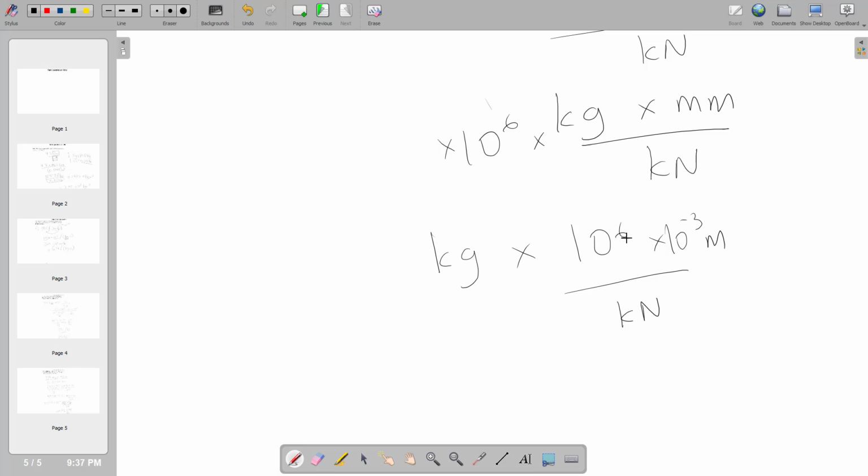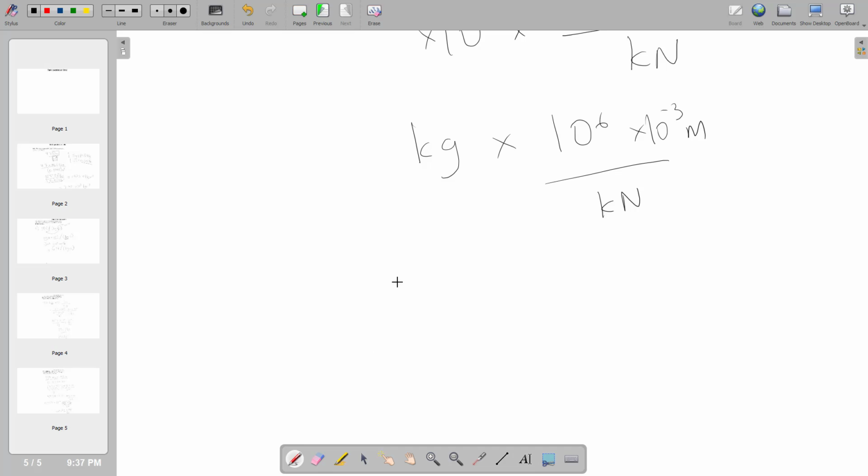And 10 to the 6 multiplying 10 to the negative 3, we have 10 to the 3 because 6 minus 3 is 3. So we actually can rewrite this as our kilogram still there, 10 to the power 3 meters dividing kilonewton. And now remember, our kilo is actually 10 to the power 3, or our 10 to the power 3 is actually kilo.